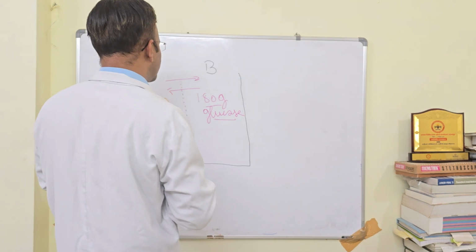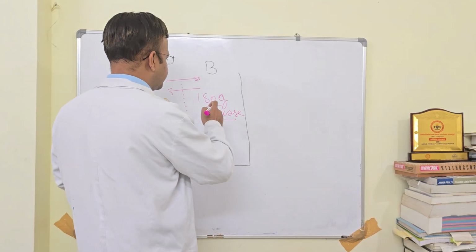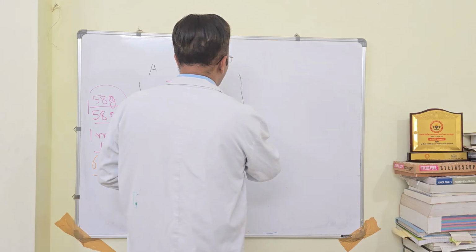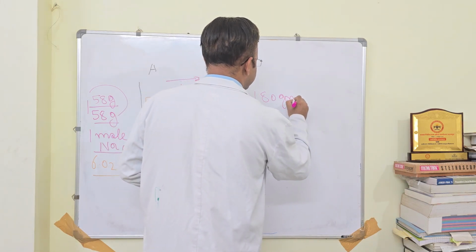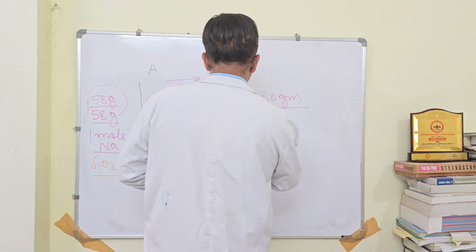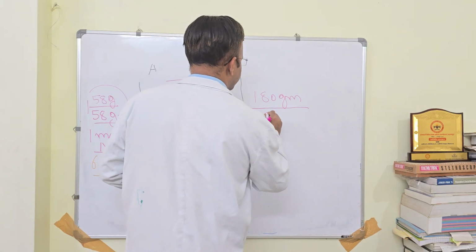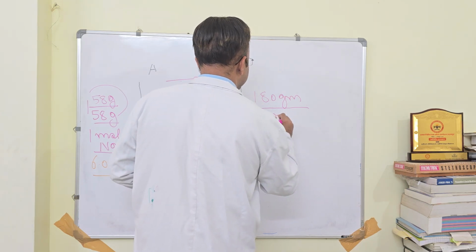180 gram of glucose. In the question itself we have been given that 180 gram is the molar mass of glucose.